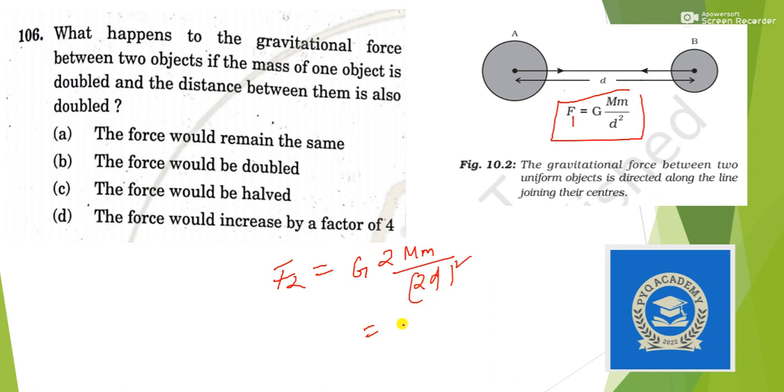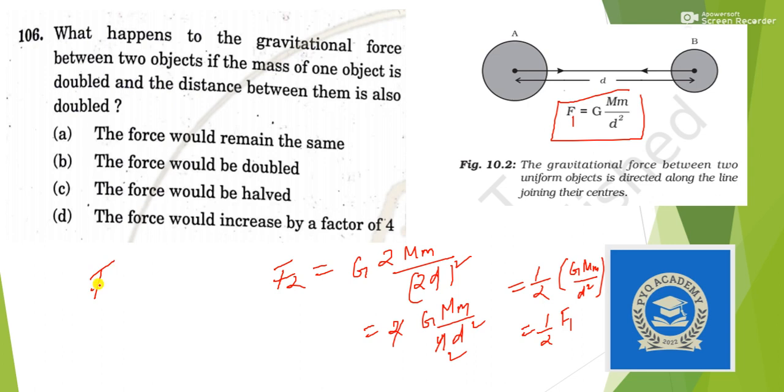By solving it, 2G m1 m2 by 4d square, it will be left like half of G m1 m2 by d square, which is nothing but half of F1. So here F2 is half of F1. So the force would remain the same, no; the force would be doubled, no; the force would be halved, yes, this is our answer, option C.